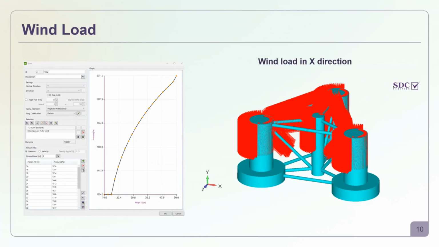And on the right side, you can preview how this pressure changes with height of the structure. On the right side, you can see the vectors, how the force is applied to the model, and in this case, the wind is acting in the plus X direction.